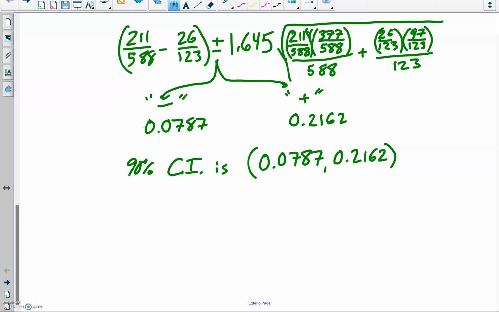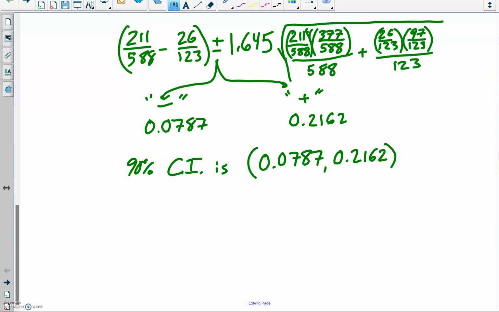And if it is one of the good ones, it indicates that the actual difference in proportions, I should say, would be somewhere between 0.0787, or roughly 7%, 8%, to 20%.